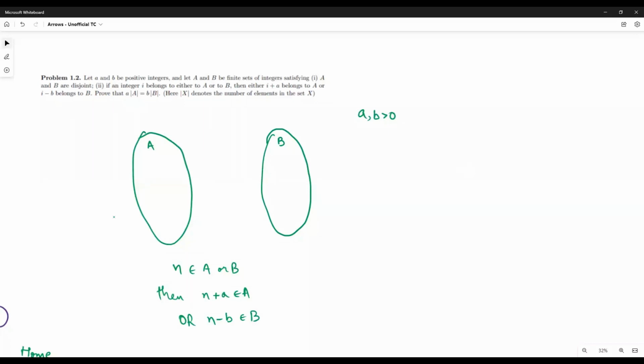Does the converse solve? Sorry, does the converse solve? The converse of this statement would be if the cardinality of A is equal to the cardinality of B, then... No, no, no. The converse of the second statement.